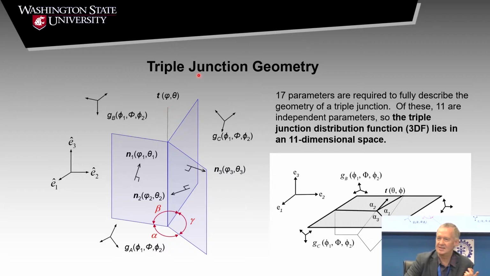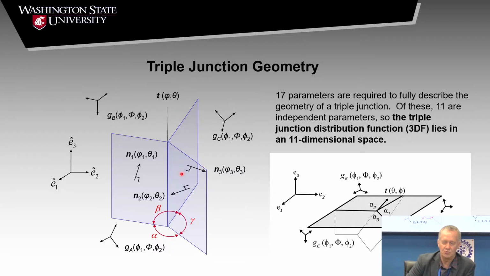So we'll say it lies in a 17-dimensional space. It's a big space, right? 3 dimensions is too much for me to think about too much. If I go to 4 dimensions, I'm like, okay, 17-dimensional space. Now we can reduce that because, of course, if we have 2 boundary normals, we know what the line direction is. So we can throw the line direction out. We don't need to know that. If we know 2 boundary normals and a dihedral angle, then we're going to know the other orientation.